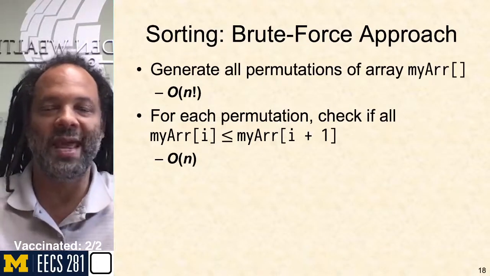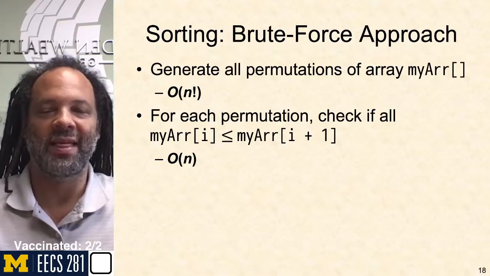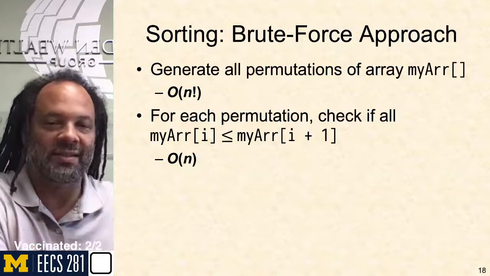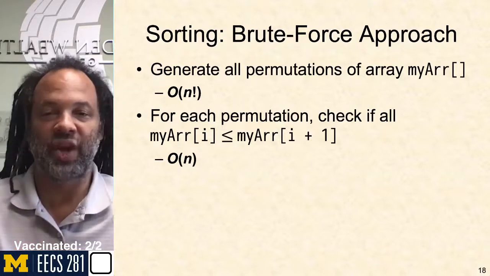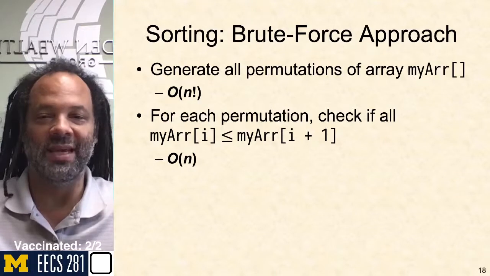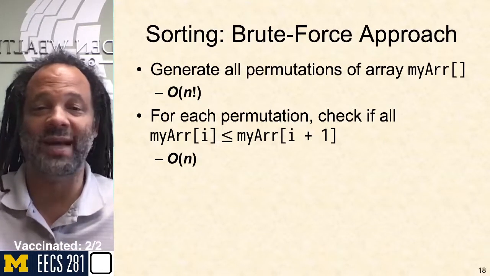So we'd have to do that n factorial times, and in order to make sure that I actually was sorted, I'd have to look through each one of the cards in the stack to make sure that they're in order. So this is a big O of n check to see if I've got it. So man, sorting with monkey sort is inefficient. It's n work, n factorial times.